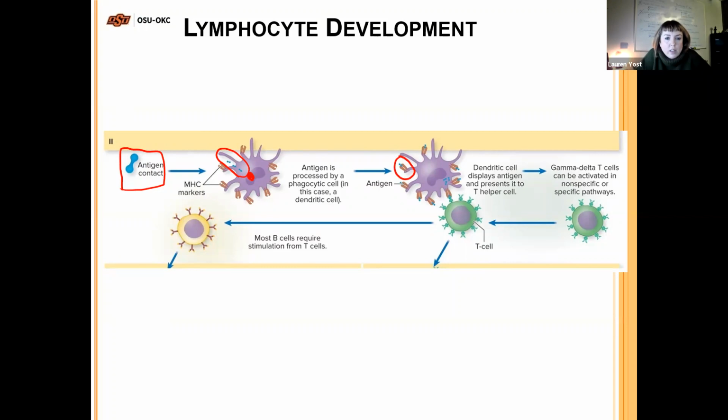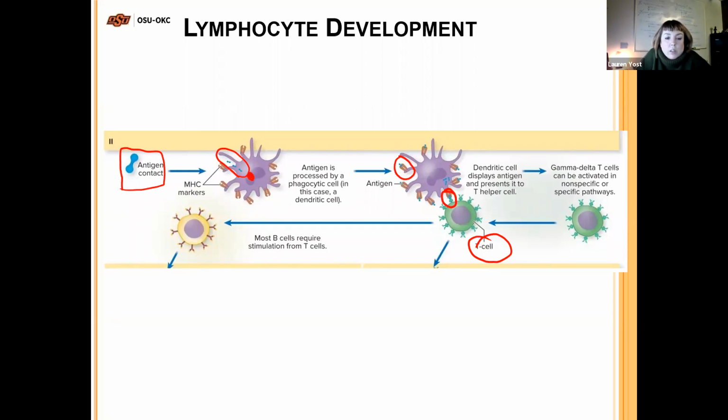We'll get to what that is in a moment. And then it's going to display that to a T cell. See, there's a T cell down here. So T cells are going to come along, see this, and interact at this junction here. They have another receptor to interact with, the T cell receptor. And then that's going to activate the T cell to do other things.